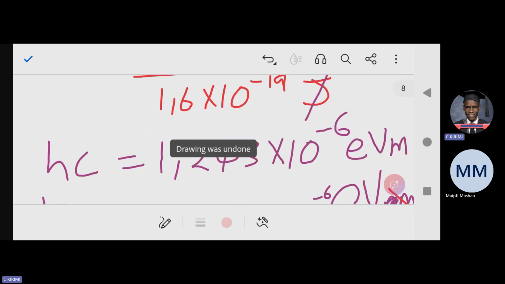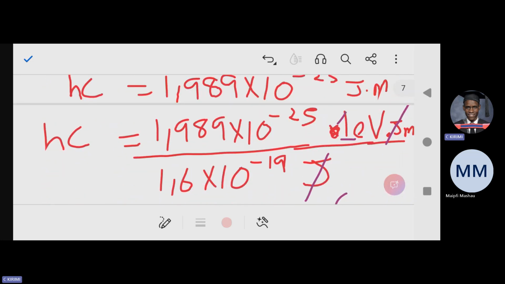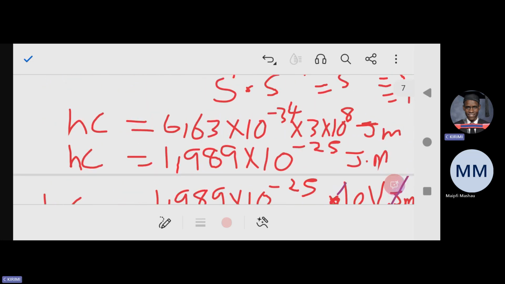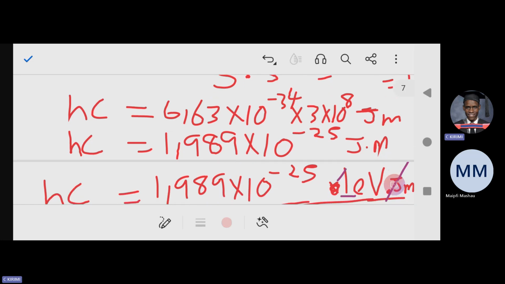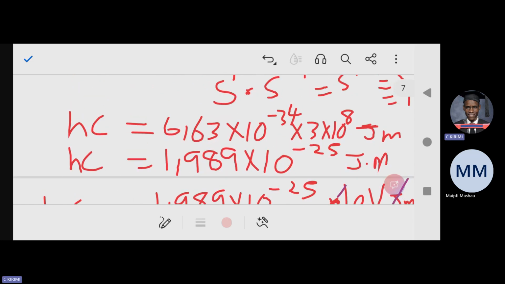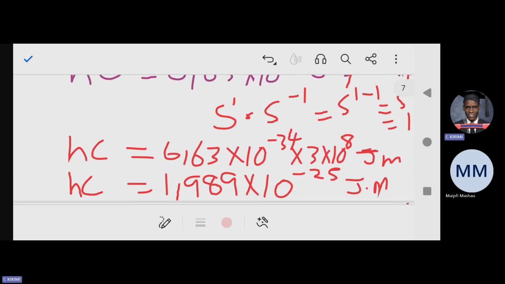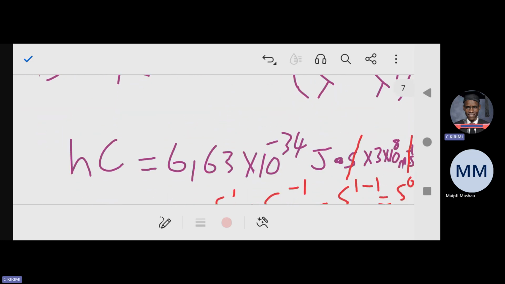And your HC in joules, remember the HC in joules? What did we find in joules? Remember, this is H in joule seconds, and then the C is in meters per second.